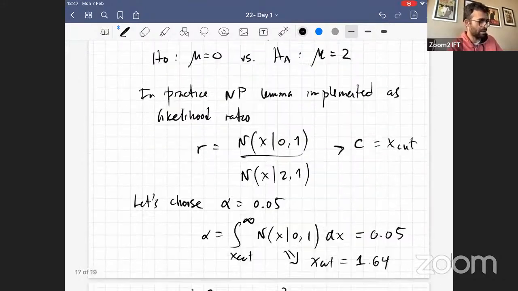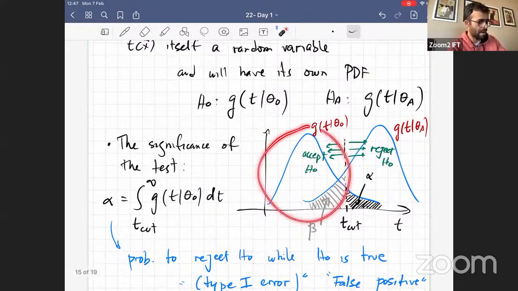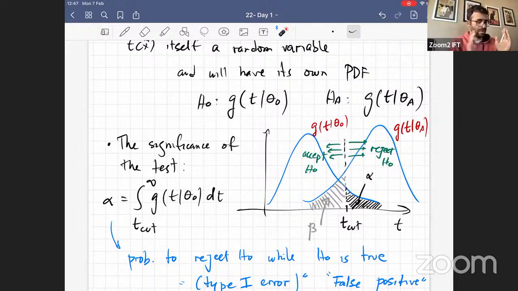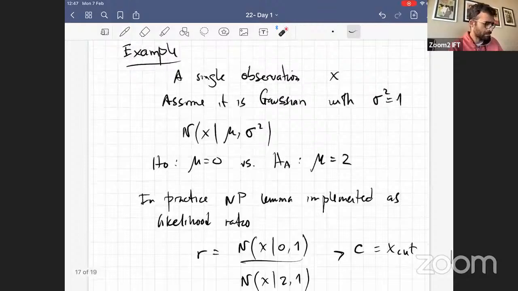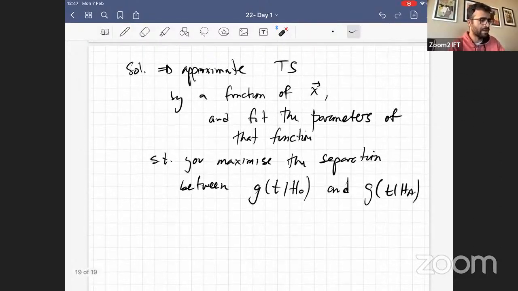What you want here is that these two are as separated as possible, because that means you are in an ideal situation where the background contamination is small. Ideally, if these two are completely separated, you know exactly where the T-cut is, right in the middle, and you don't lose efficiency of your signal, for example. So you try to design an algorithm for doing that.